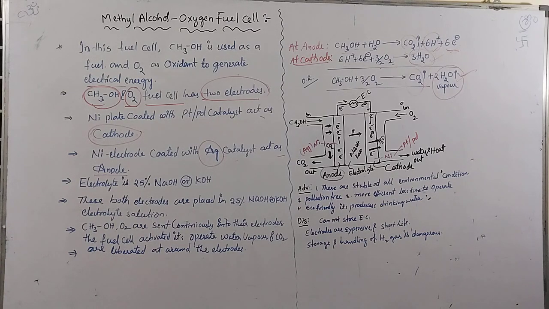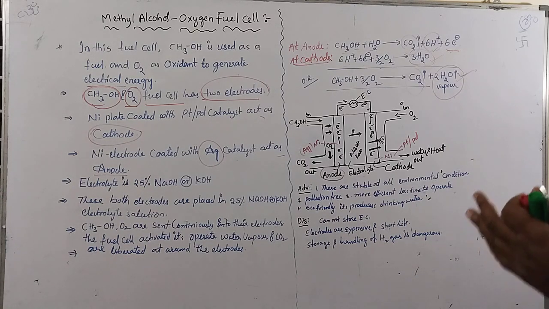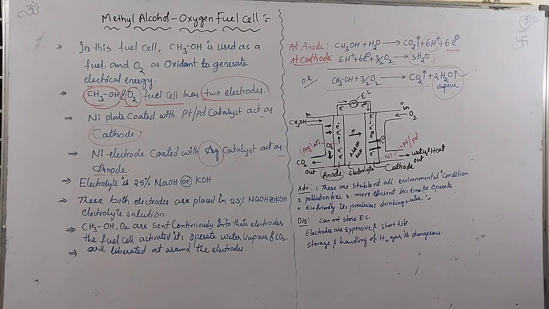These are placed in the electrolyte solution, and methyl alcohol is passed on one side and O2 on the other, releasing CO2 and H2O, that is water vapor, and producing electrical current. The construction of the cell works like that. It is a very important process.